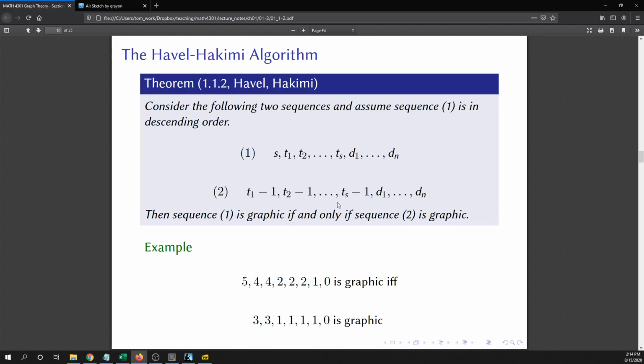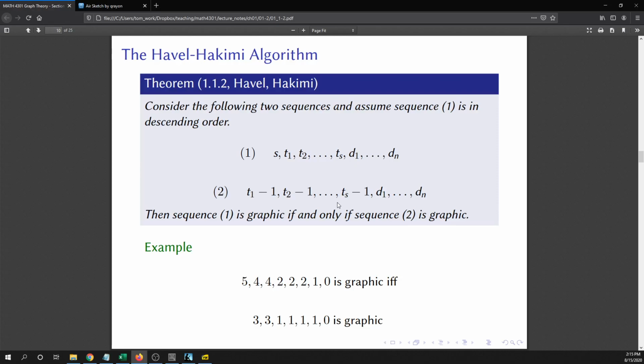All right, so what we want to use this for is to take a complicated degree sequence and reduce it down to a simple degree sequence, so that it's easier to tell if the simple degree sequence is graphic. At the very end, you'll be able to see pretty easily whether or not it's graphic. And if the simplest sequence that you wind up with is graphic, that means the original one is graphic.